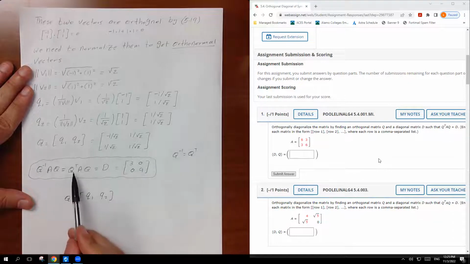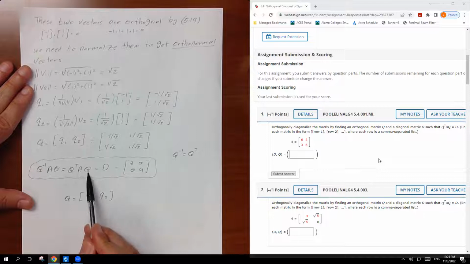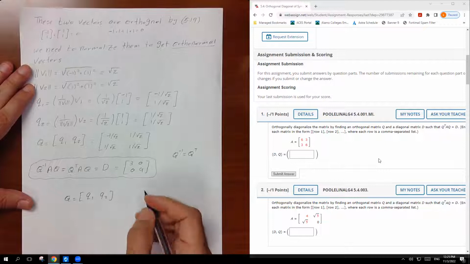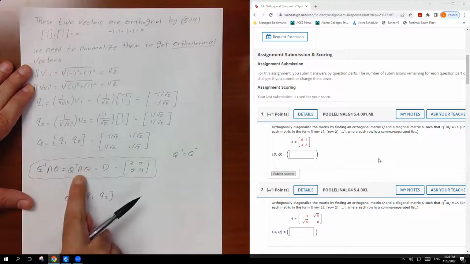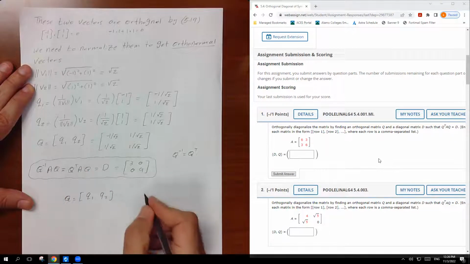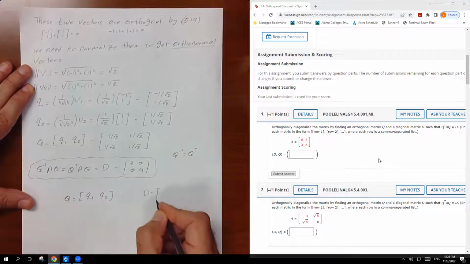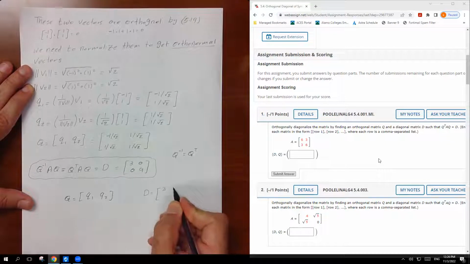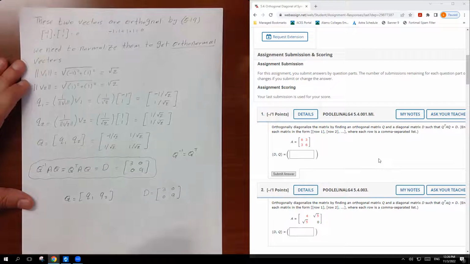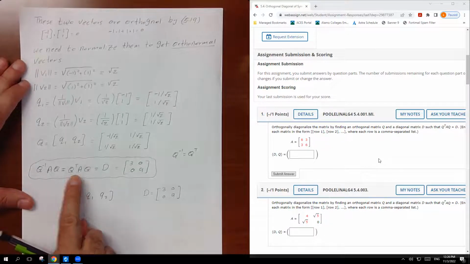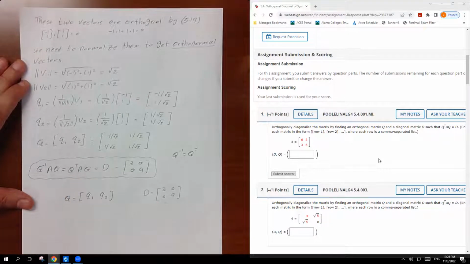So if you multiply Q transpose times A times Q, the result is going to be this one, which is the matrix D. If you want to check, do the multiplication of Q transpose times A times Q, and the matrix D is going to be exactly the same thing. We're just going to put the eigenvalues here, and that's it. But if you multiply Q transpose times A times Q, here is the result: 3, 0, 0, 9.